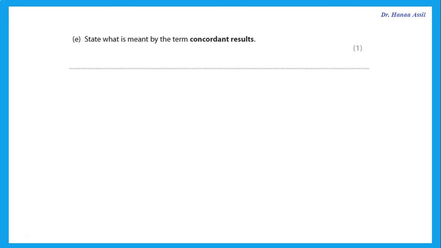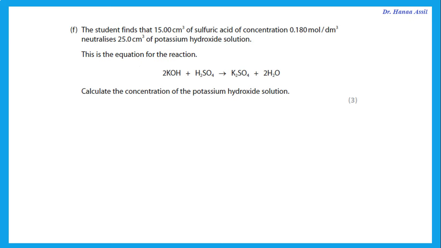State what is meant by the term concordant results. We said we repeat titrations until we have concordant results. And you should know that concordant results means results that are within 0.2 centimeter cubed of each other. So the difference between the results of any two titrations should not be more than 0.2 centimeter cubed.